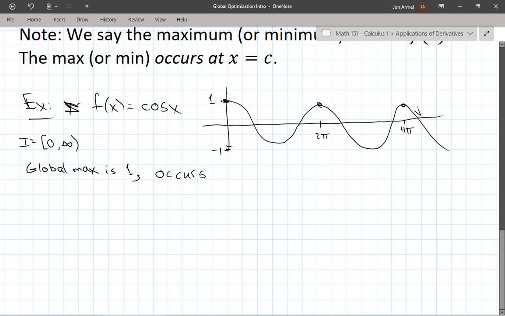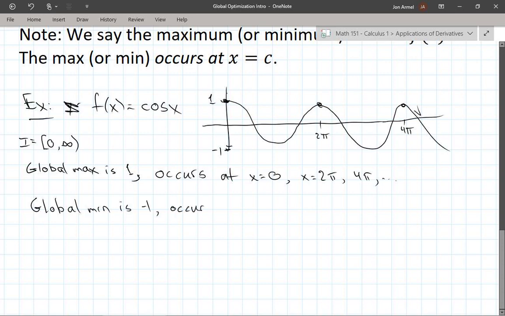There might be several inputs that all give you the same output, and that output is the single global maximum. So the maximum is 1, and it occurs at x equals 0, x equals 2 pi, 4 pi, and so on. You could write some fancy notation for that if you wanted, but let's not worry about that. And then similarly with the global min, the global min is -1.